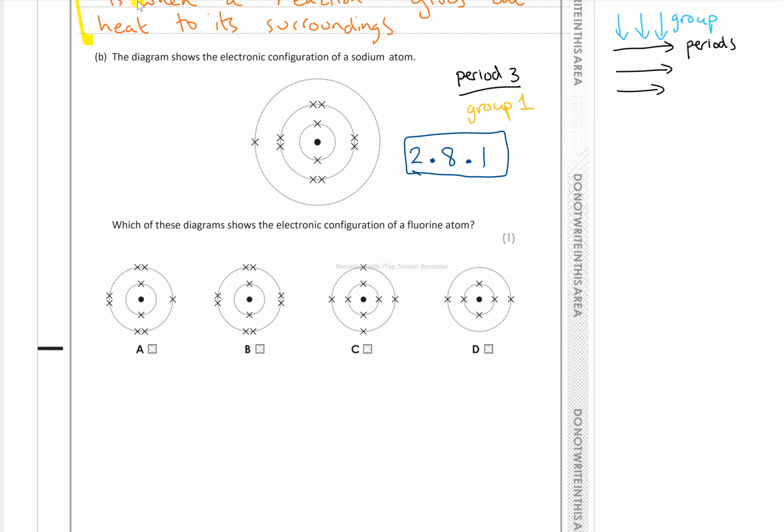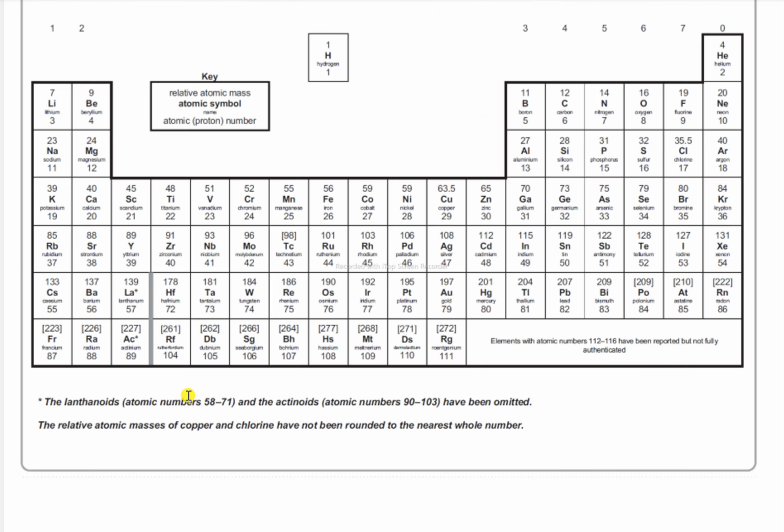Right. Which of these diagrams shows the electronic configuration of a fluorine atom? Right, what we're gonna do is look up fluorine on the periodic table. Right, fluorine is here in group 7.